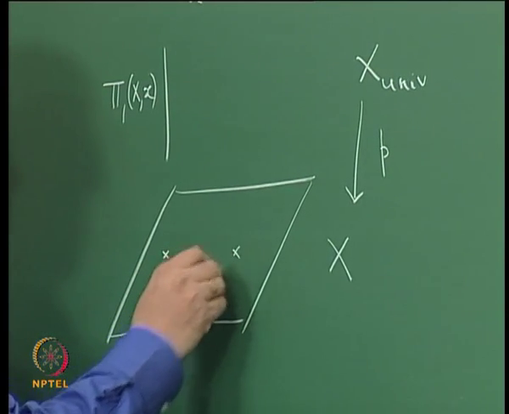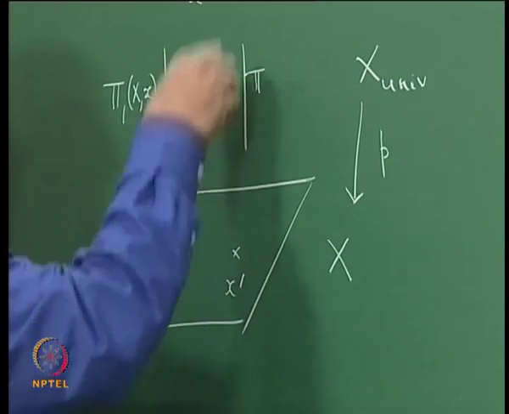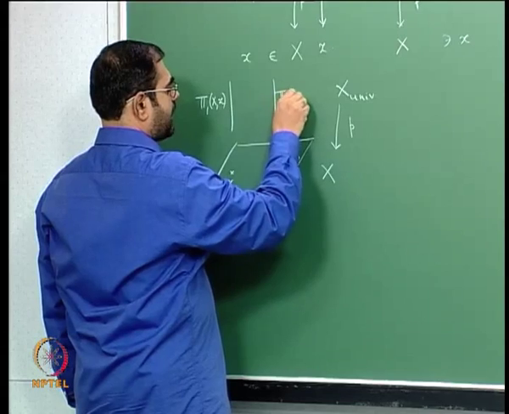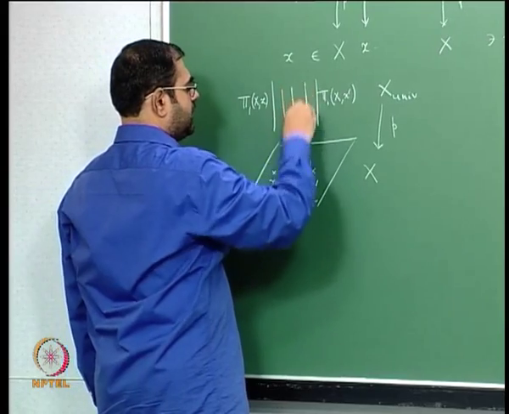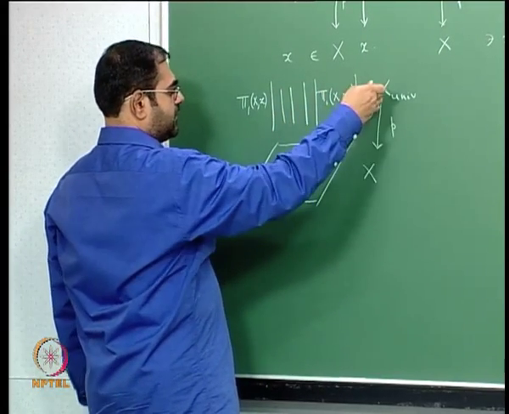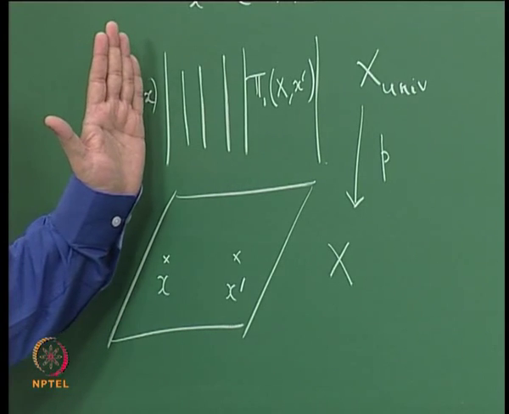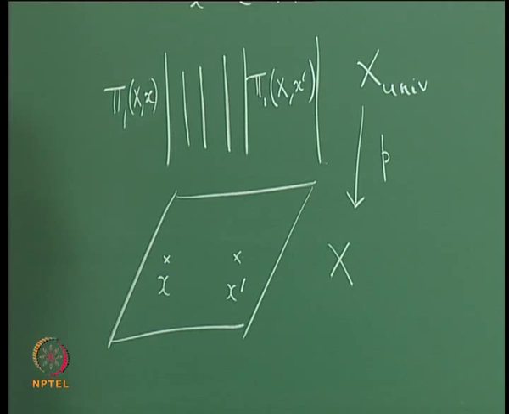If you take some other point x prime, then the inverse image is the fundamental group at x prime. In this way the universal covering space is just all these fundamental groups put together, at least as a set.